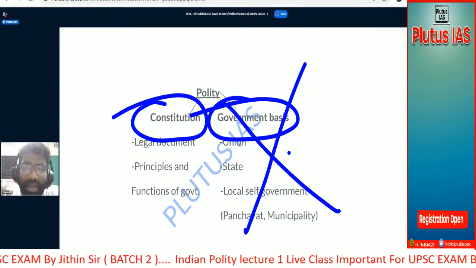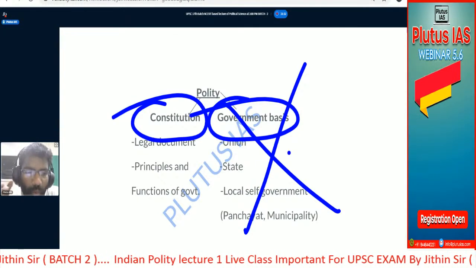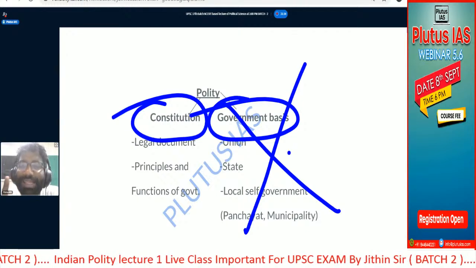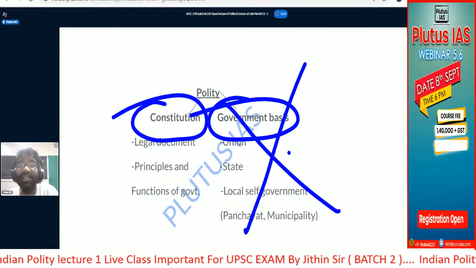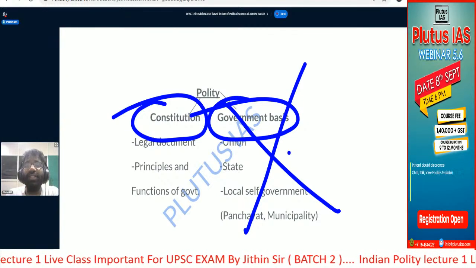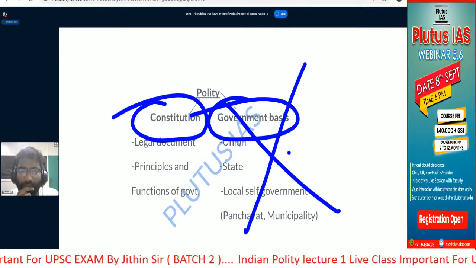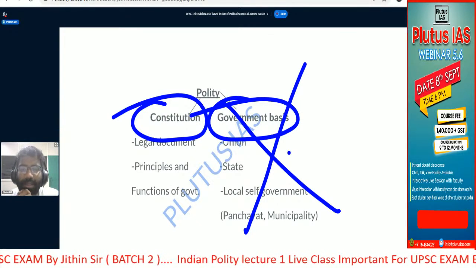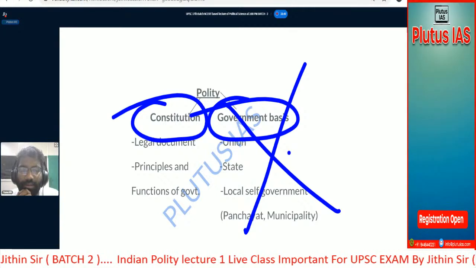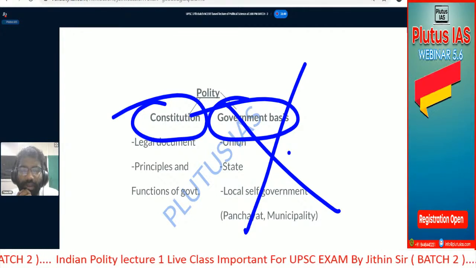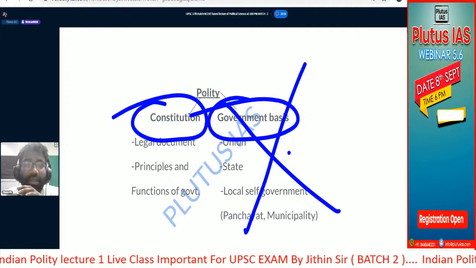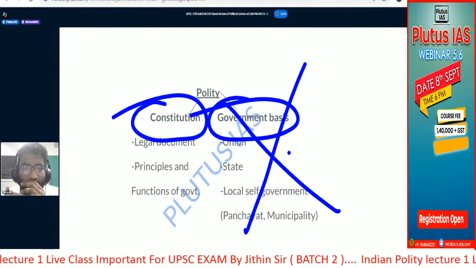Now, what does a constitution exactly consist of? It consists of principles and functions of a government. What do you mean by principles? Anyone? Come on.